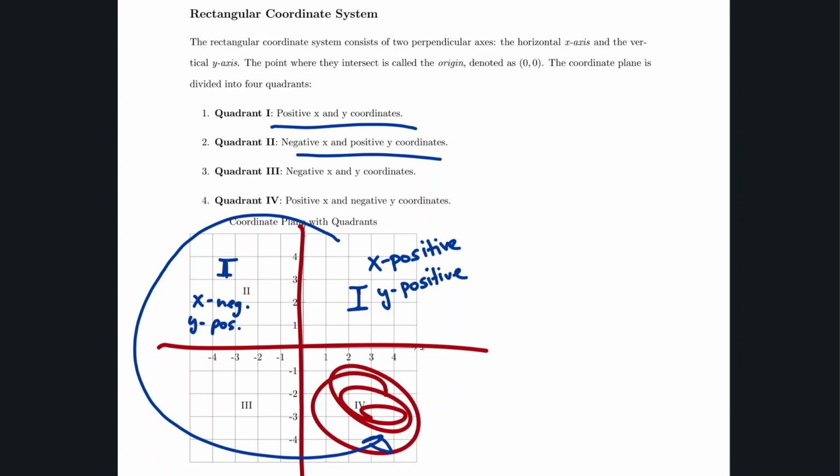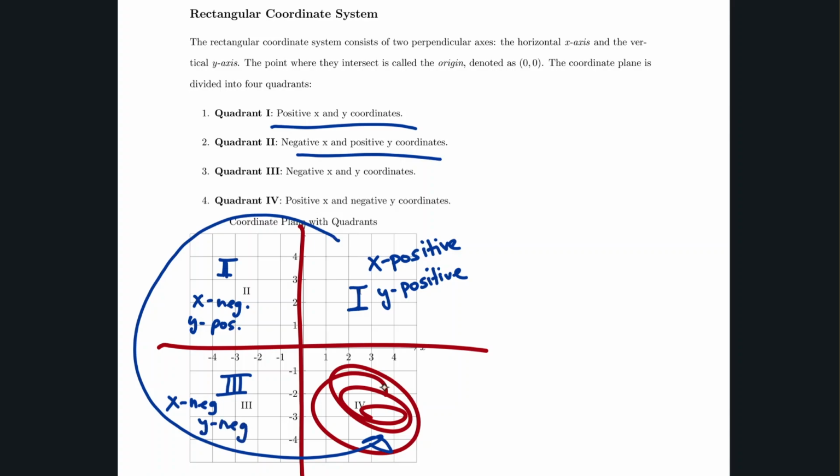Are they positive or negative? So in quadrant 3, both the x and the y are negative because it's to the left in the x direction and down in the y direction. So it's when the x is negative and the y is negative.